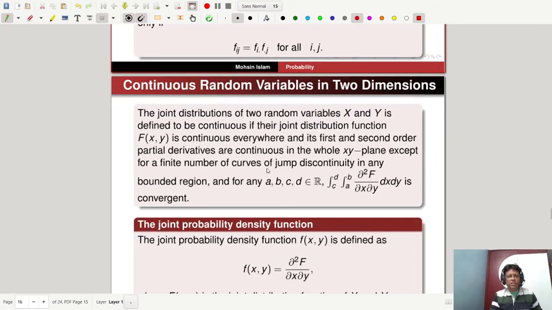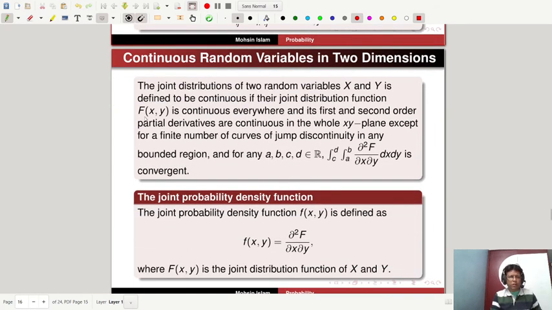So let's now define similar statements for the continuous random variable. For a continuous random variable, the joint distribution function F(x, y) is everywhere continuous, and its first and second order partial derivatives are continuous in the whole xy plane, except for a finite number of curves of jump discontinuity in any bounded region.